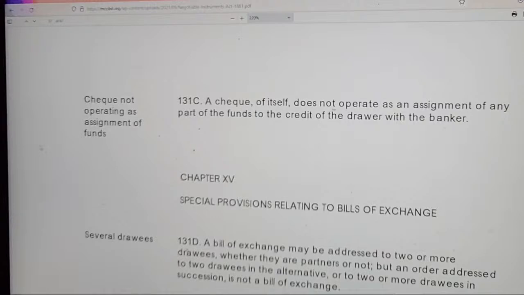Check not operating as assignment of funds. 131C. A check of itself does not operate as an assignment of any part of the funds to the credit of the drawer with the banker.